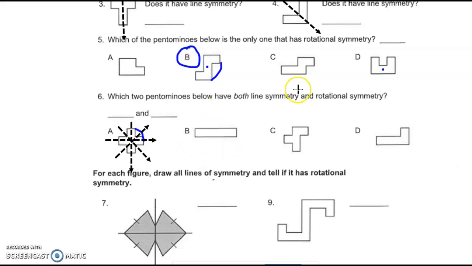Kara, which other one do you think has both rotational symmetry and line symmetry? B. Okay. So let's talk line symmetry. How many lines of symmetry does this have? 4. Coulter says 4. Anybody agree, disagree? What do you think, Mackenzie? 2?